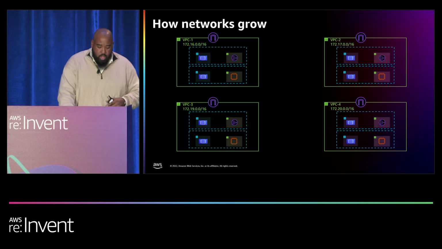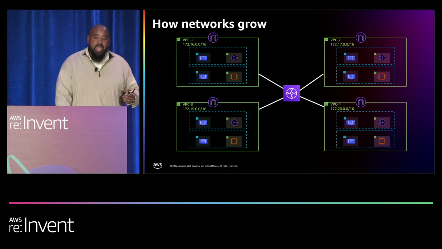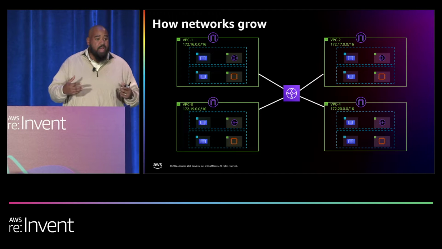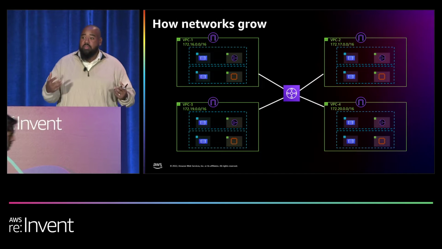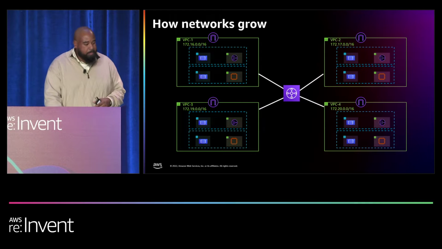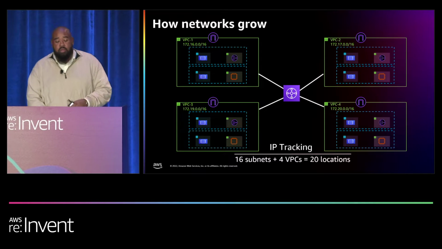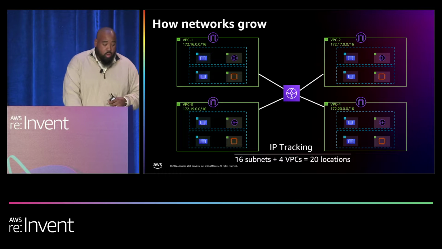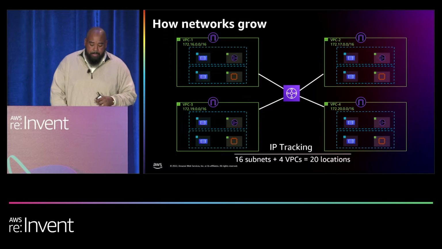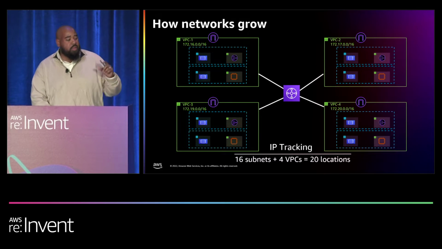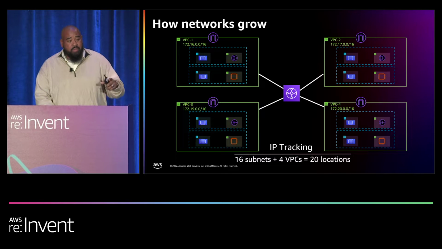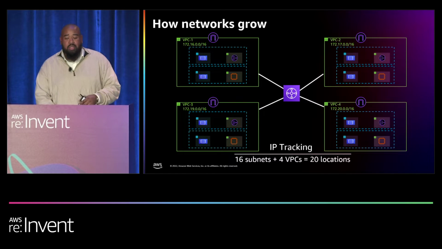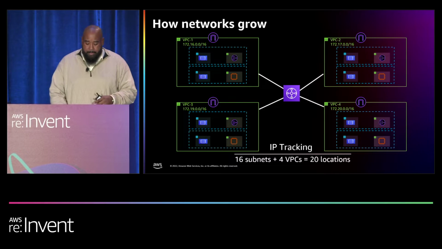So you decide to leverage the transit gateway, and now the transit gateway acts as the central hub to provide connectivity in between all of your VPCs. At this point, you are tracking 16 subnets, 4 VPCs, for a total of 20 locations. If we did the math, if every CIDR block of the VPCs were /16s, that's over 260,000 IP addresses that you'll have to track.